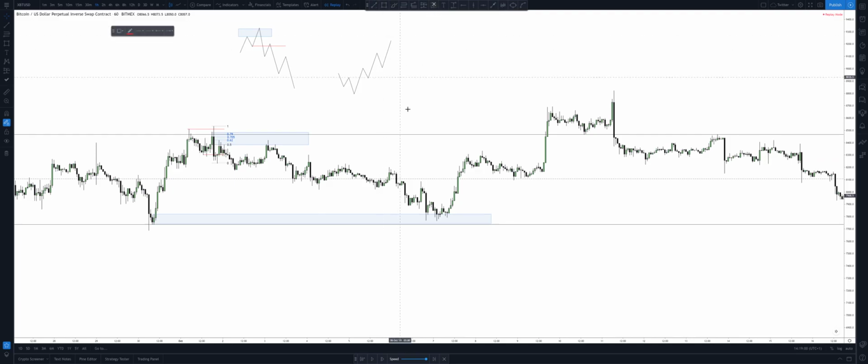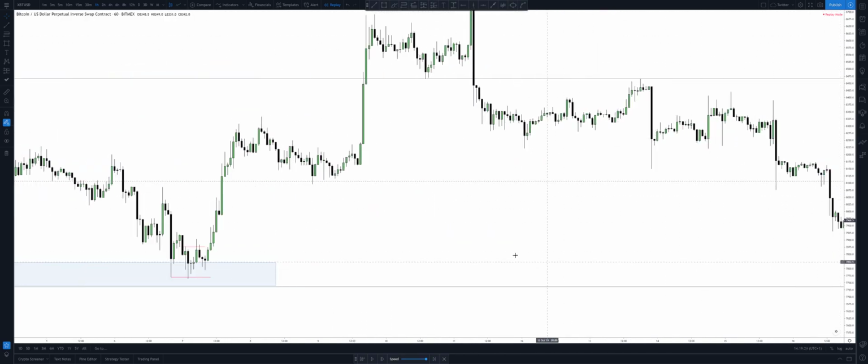So we have a low right here that's being swept, and then price breaks structure as soon as it pushes above this last high. This is the first down candle, and then we have a break of structure right here. So what do we do? We enter.